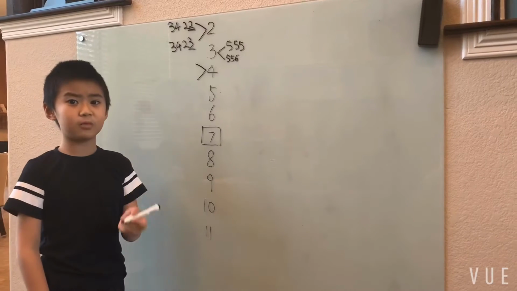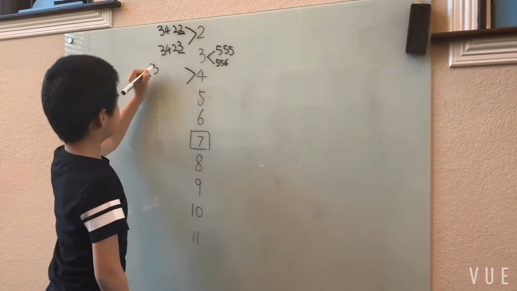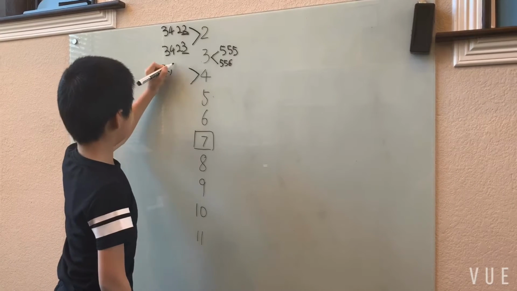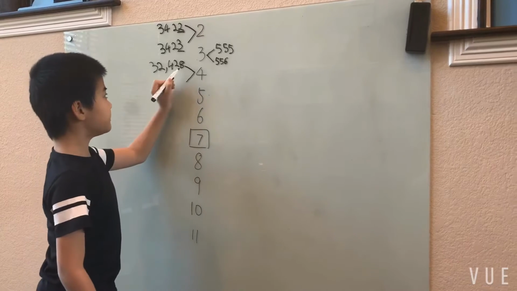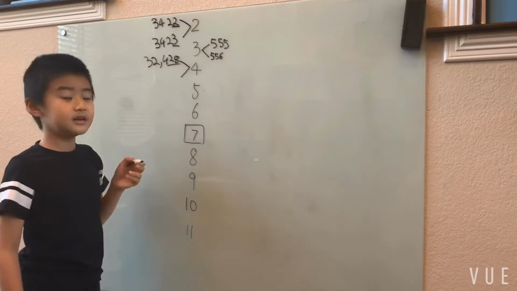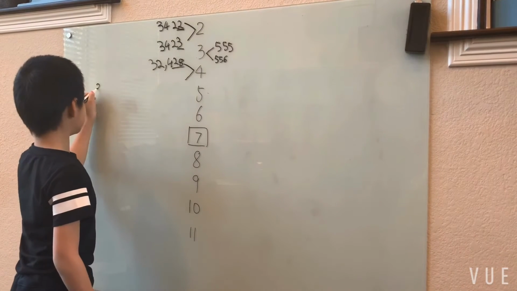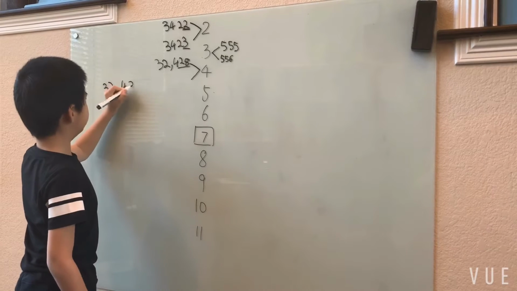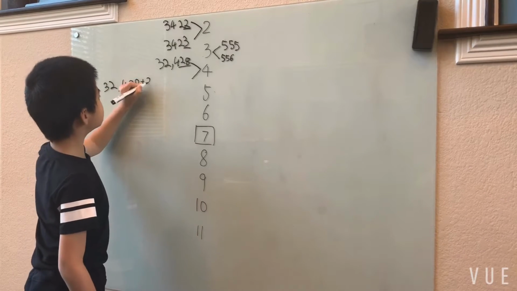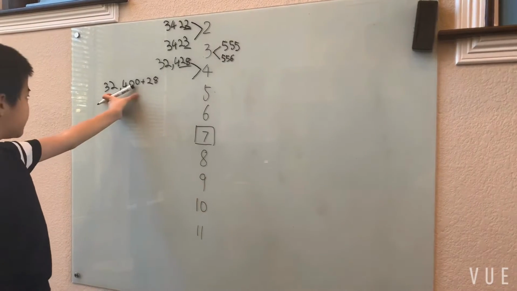So let's check out why. For example, 32,428. I look at the last 2 digits, and I can split it up into 32,400 plus 28.